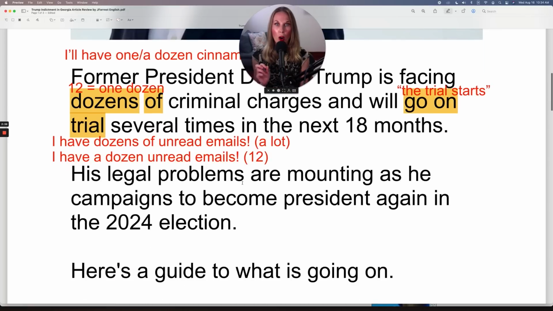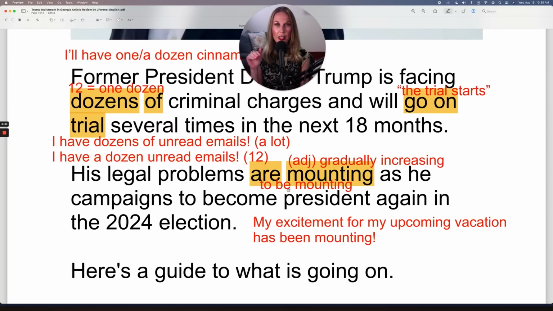His legal problems are mounting. The expression here is to be mounting. The verb is, of course, be. And mounting functions as an adjective, and it simply means gradually increasing. So a drastic increase would be like this, and then mounting would be more of a gradual increase. For example, my excitement for my upcoming vacation has been mounting.